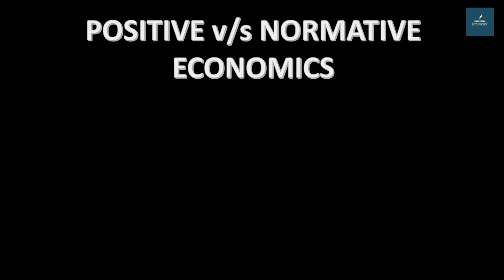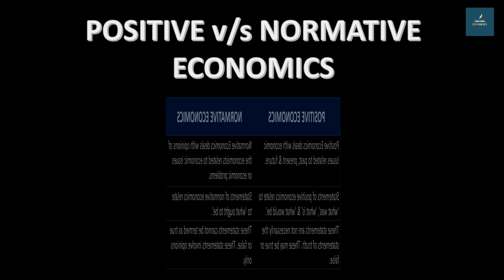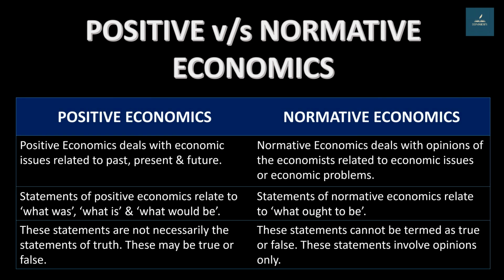Now comes the turn of difference between positive and normative economics. So let's begin with it. Positive economics deals with economic issues related to past, present, and future, whereas normative economics deals with opinions of the economists related to economic issues or economic problems.